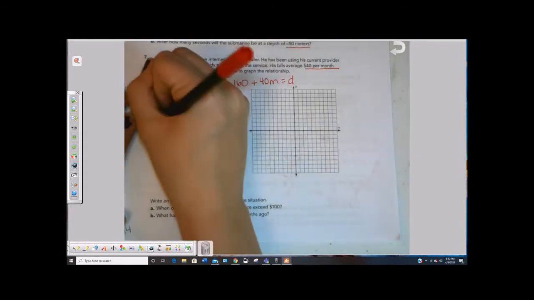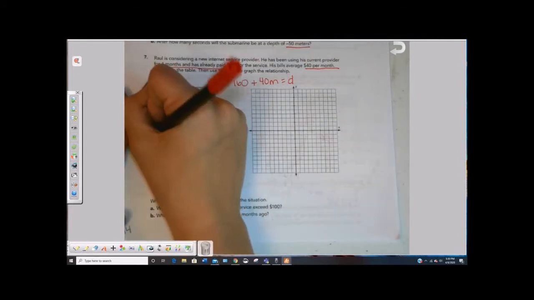Let's say it's a month ago. When it's negative, that means a month ago. So 160 plus 40 times negative 1 equals $120.